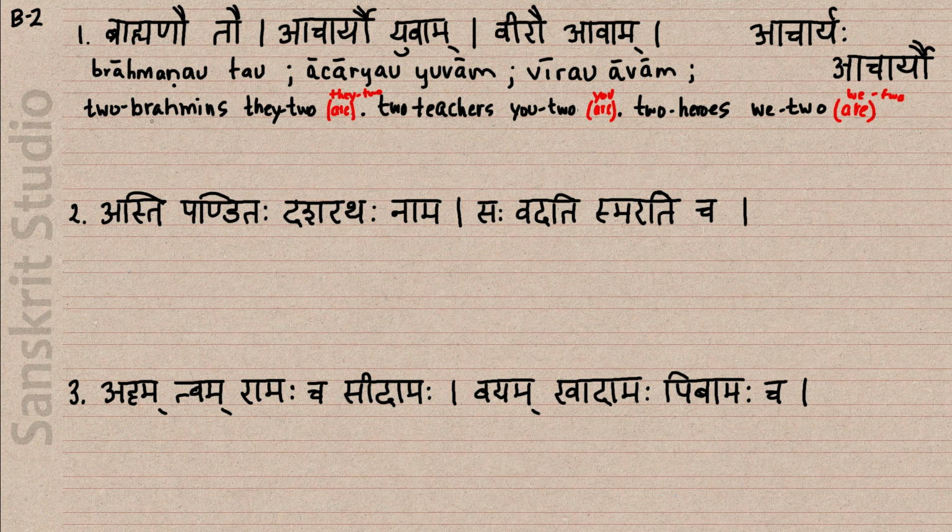Which then sort of transports us to the real sentence, in which we are identifying here. If we look at the sentence again here, we see that the pronouns tau and yuvam and avam are placed last in each of these three sentences. So that's a clue that they are the subject.